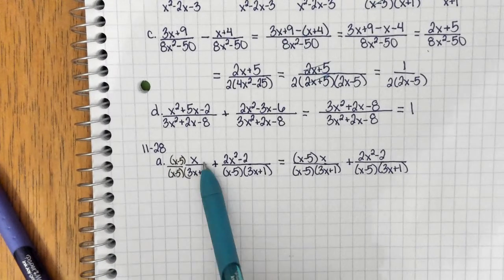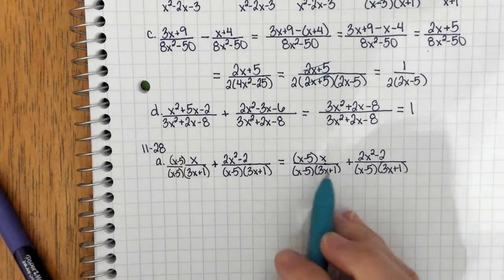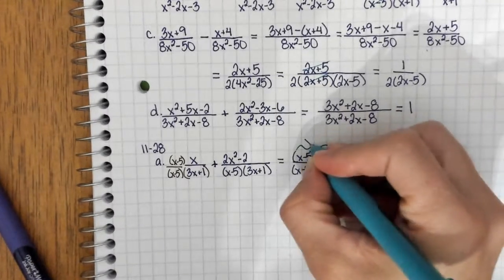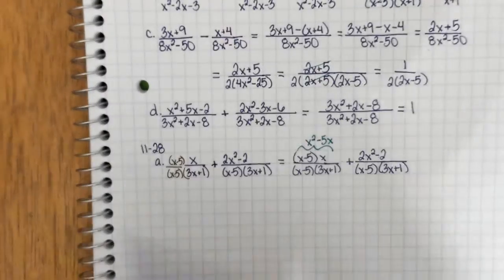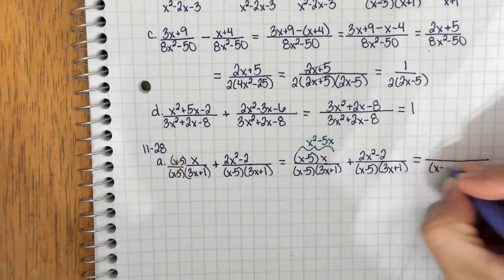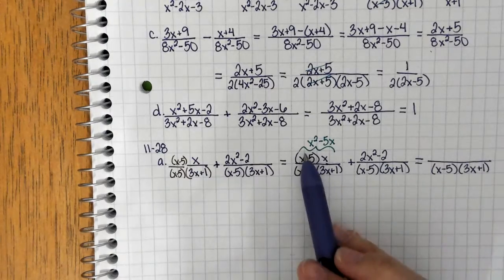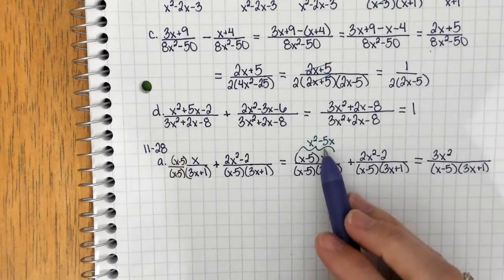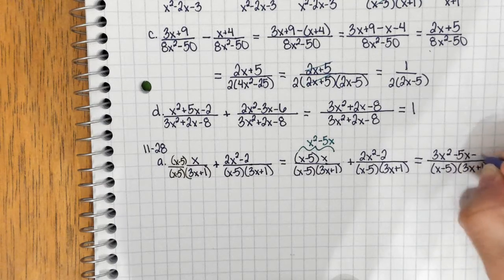I could have distributed from this first part, which would have made it a little bit easier. So this numerator here, x minus 5 times x, is equivalent to x squared minus 5x. So I'm going to just add both of these. My denominator is x minus 5 and 3x plus 1. But now I have x squared plus 2x squared, so I have 3x squared minus 5x. There's no x's here, so minus 5x and minus 2.